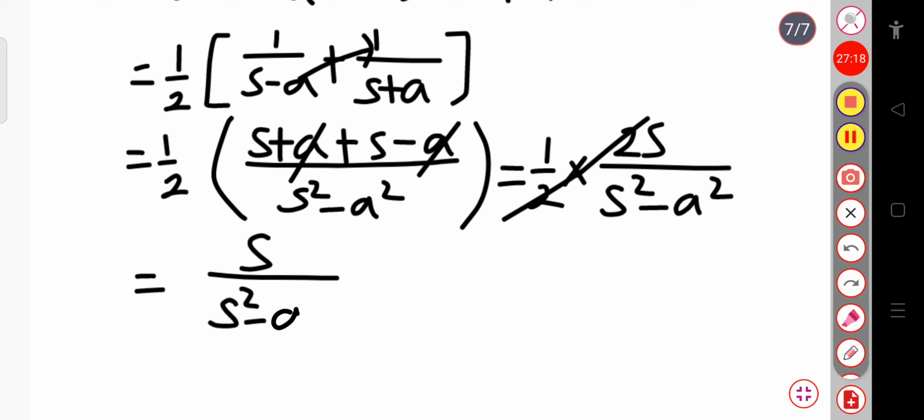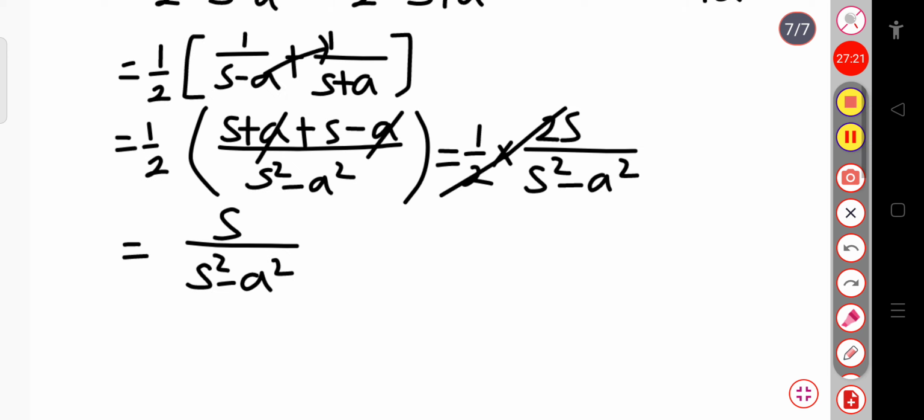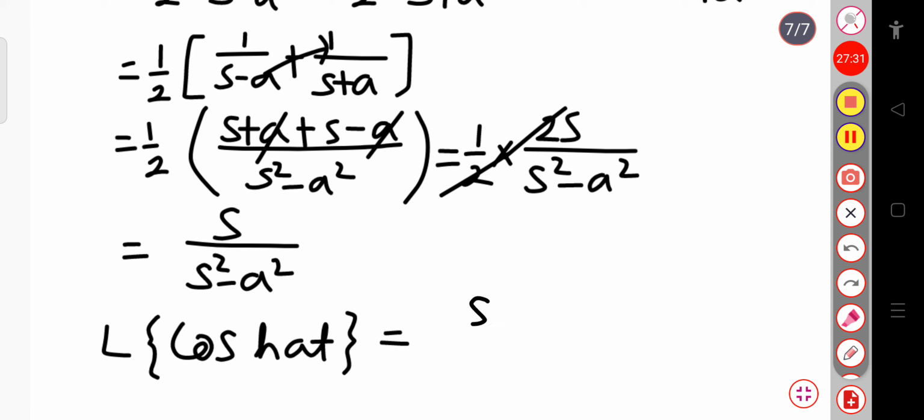This is the Laplace transform of cosh at. So the Laplace transform of cosh at is equal to s divided by s square minus a square. So this is our final answer.